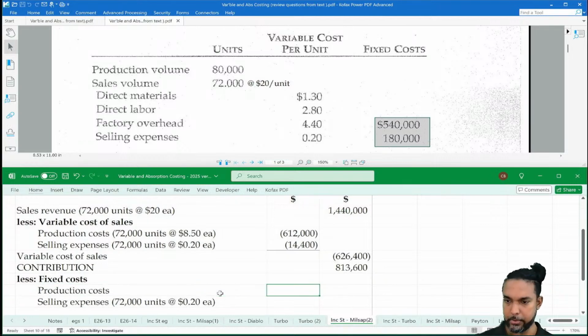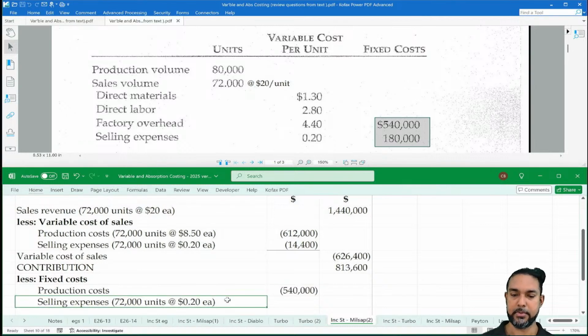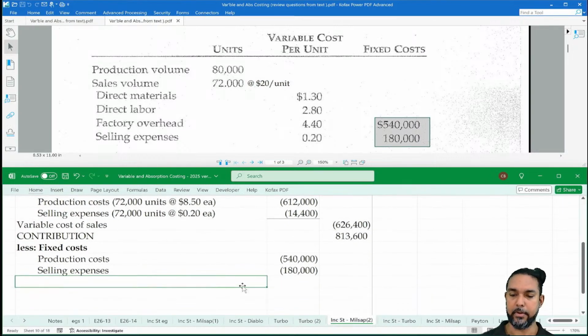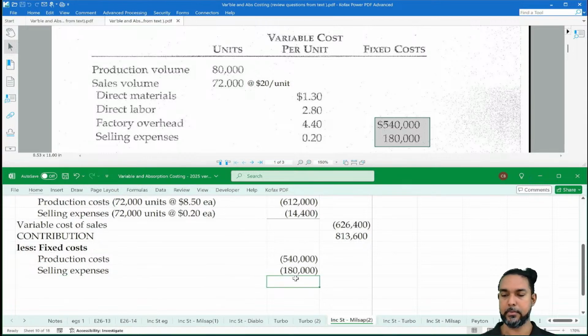Production cost is 540, and the selling expenses is just 180 in total. All right, lovely. So let's add those two together.